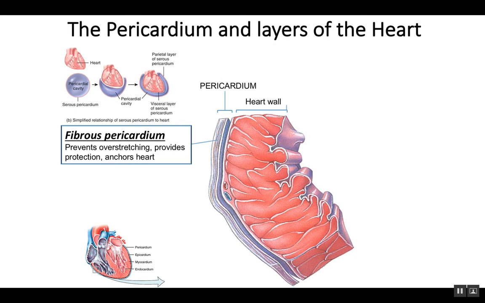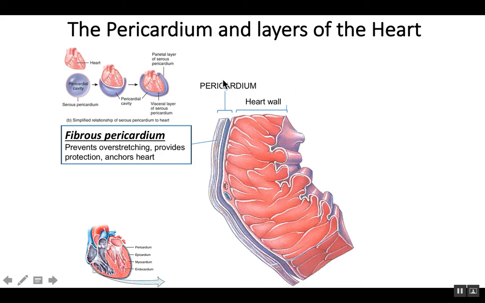It's made of a lot of tough connective tissue. And what the fibrous pericardium does is it prevents that heart from overstretching. It kind of stabilizes the heart, it protects the heart, and anchors the heart within the thoracic cavity or within the mediastinum. So that's a very important layer even before you get to the serous pericardium and even before you get to the actual heart itself.